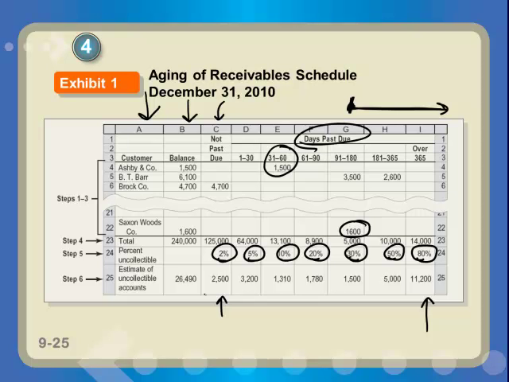So what they did is they took $125 times 2%, $64,000 by 5%, $13,100 by 10%, all the way down to the $14 by 80%, added them all up, and that's the number that they're going to use for their entry. So they're going to use $26,490.